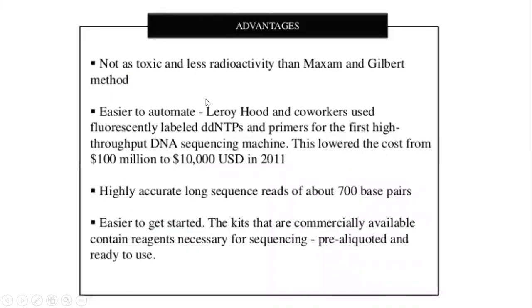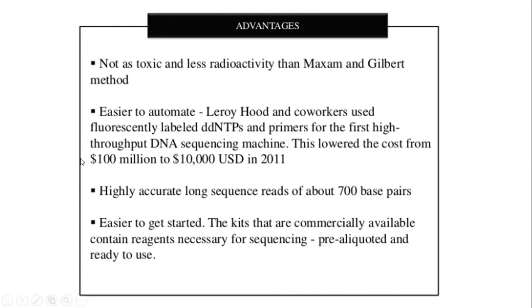Now coming to the advantages of Sanger sequencing method, you are basically making use of less radioactivity and less toxic chemicals. It is easier to automate by combining it with fluorescently labeled dideoxynucleotides. The cost of the sequencing reaction also is much more affordable.